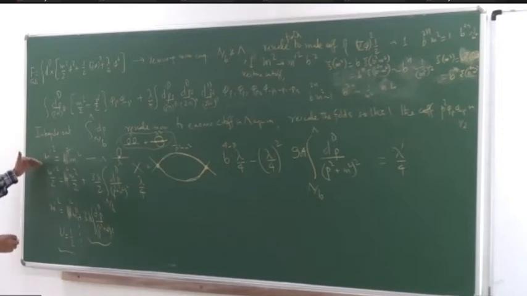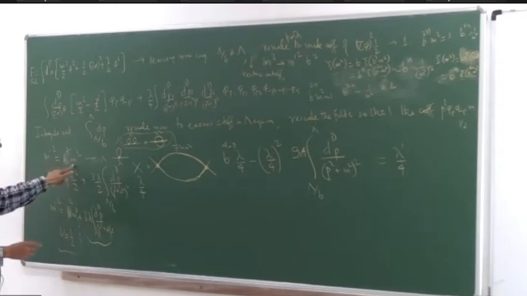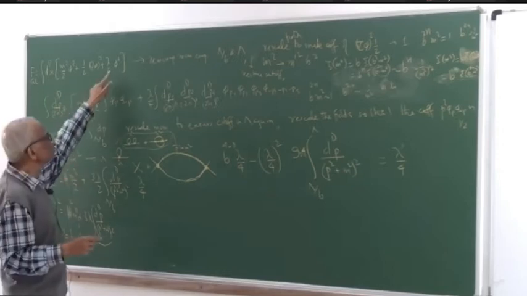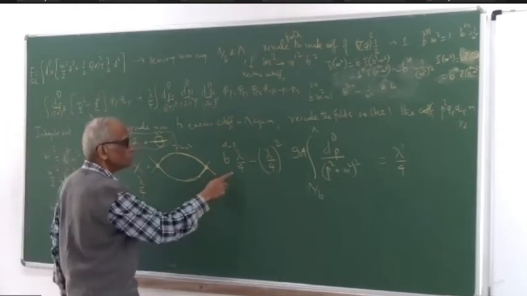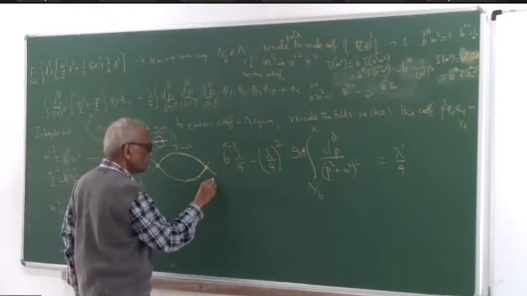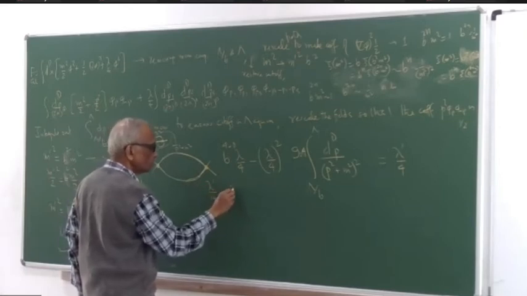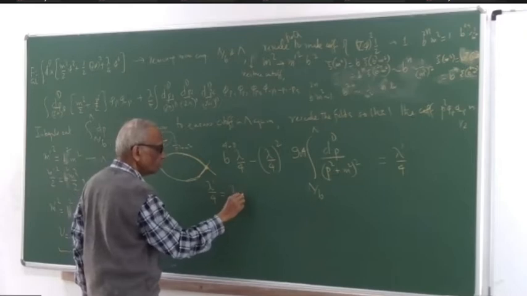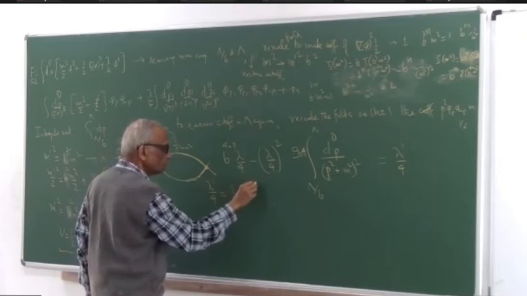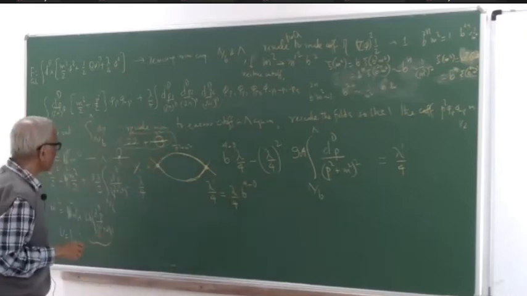The m square, which was the coefficient of this, has the transformation that m goes to m prime square, which is b square m square. This one has the transformation to this order that it goes to some lambda prime over 4, which is equal to lambda over 4 times b to the power 4 minus d.